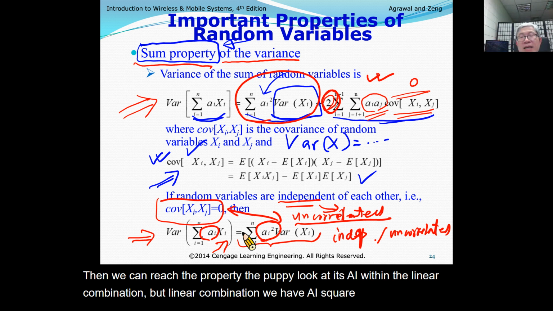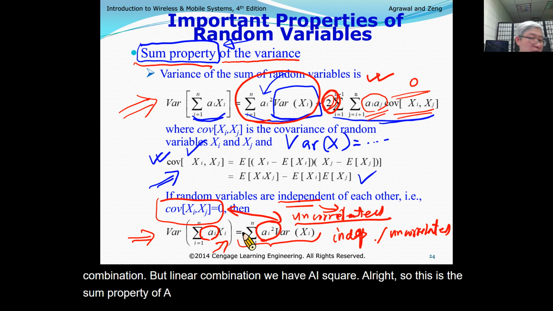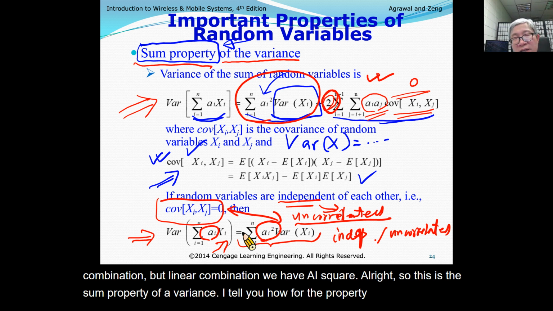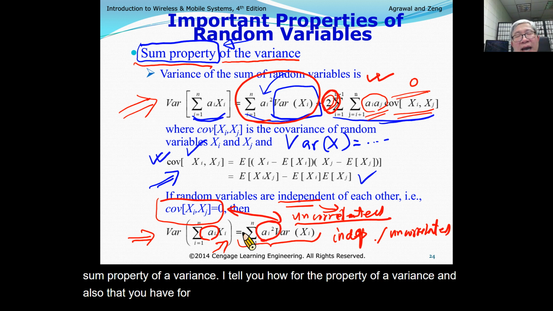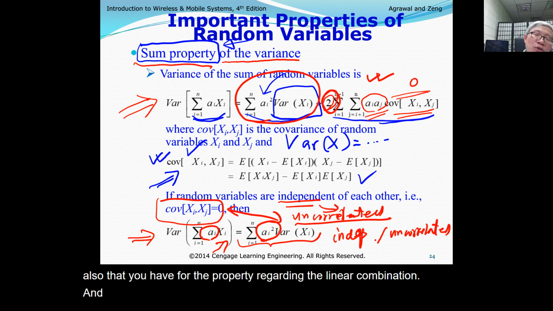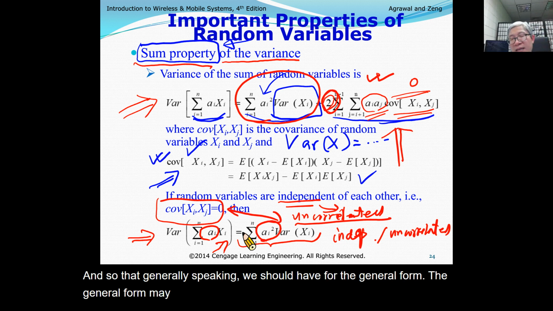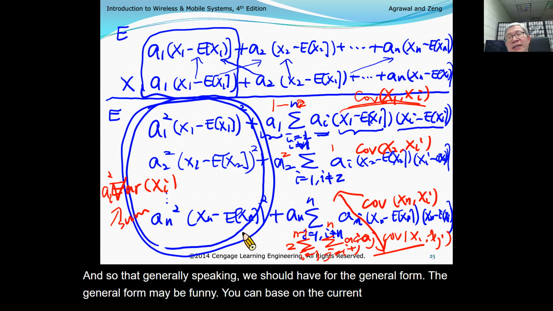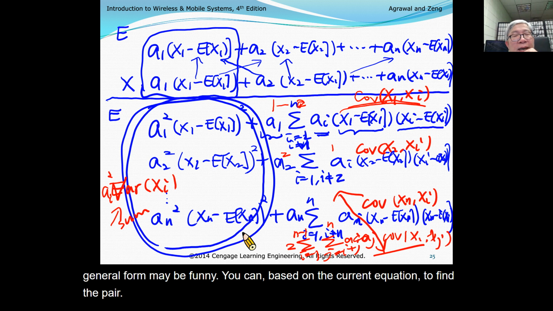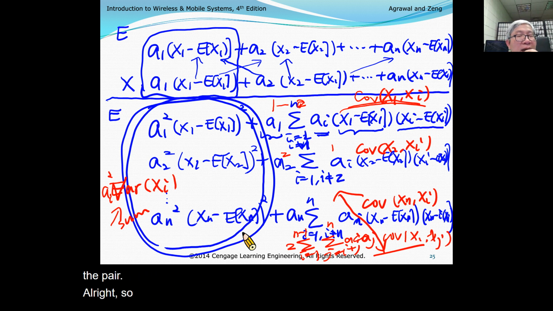So this is the sum property of variance. I already have the property of variance, and also the property regarding the linear combination. So generally speaking, we should have the general form. The general form may be found. You can pass on the current equation to find the pair. Can we have the pair? Actually, yes.